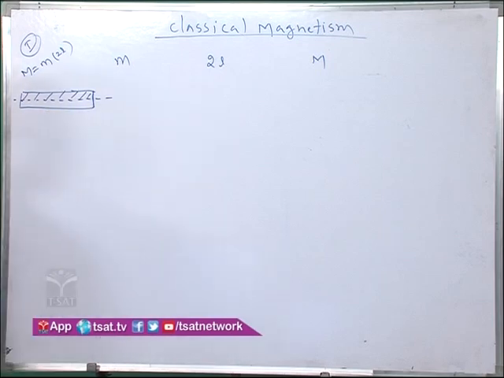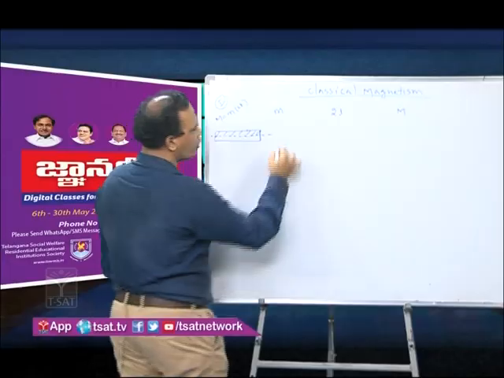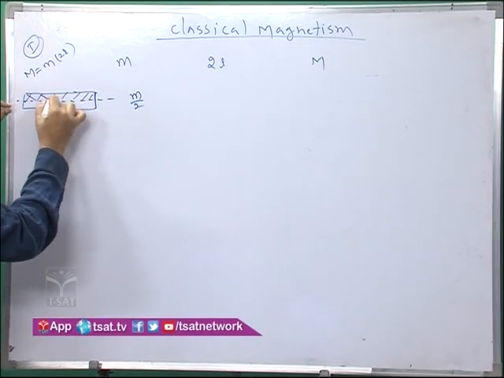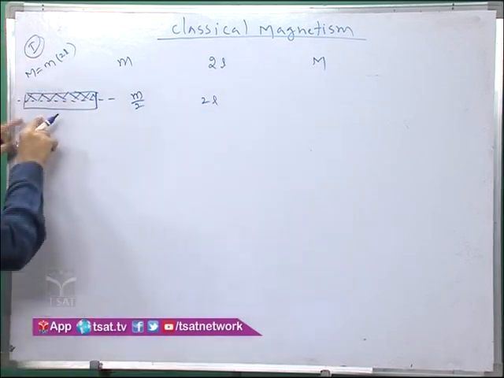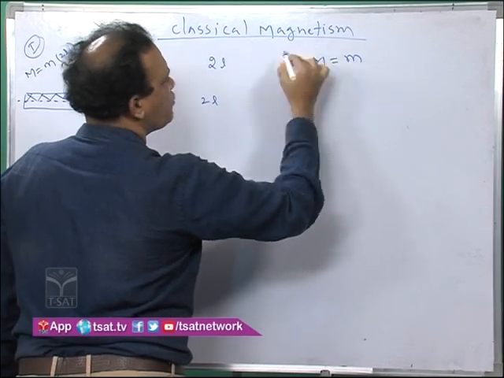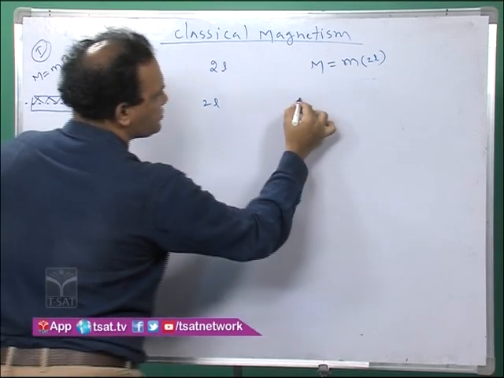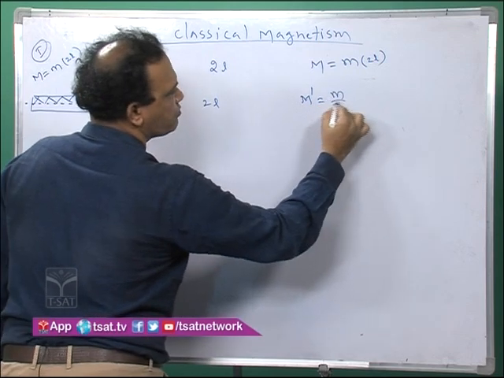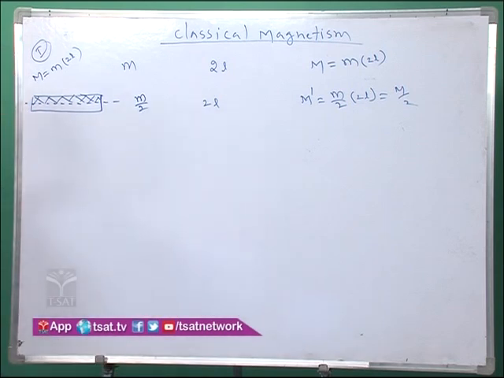In this case the pole is divided into 2 parts, so pole strength is half, but this piece's magnetic length remains constant. So I am taking here 2L. What about the magnetic moment? You know that magnetic moment is equal to the product of pole strength and length of the magnet. So its new magnetic moment is m by 2 into 2L. Therefore magnetic moment is half.